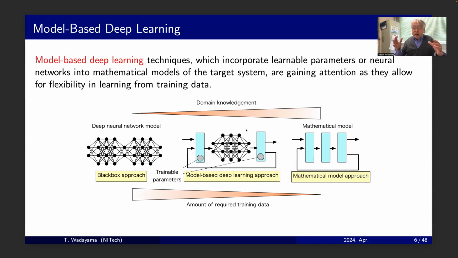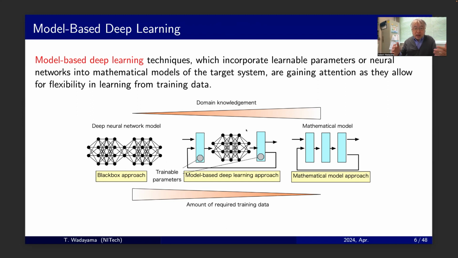Okay, is there any mixture of these two approaches? Yes, there is. Model-based deep learning techniques aim to incorporate learnable parameters or neural networks into mathematical models of the target system. This allows for flexibility in learning from training data while effectively utilizing domain-specific knowledge.